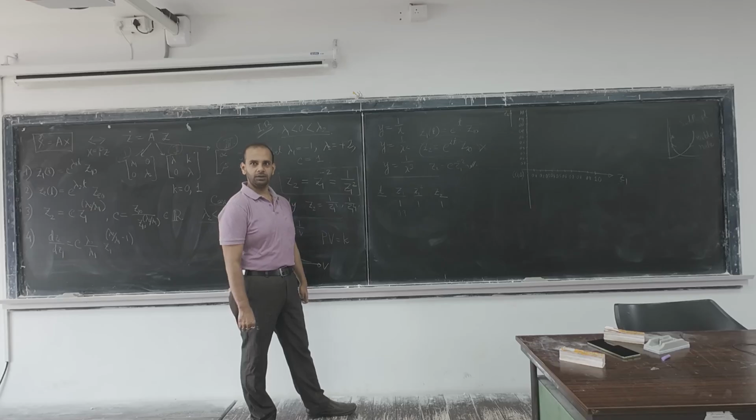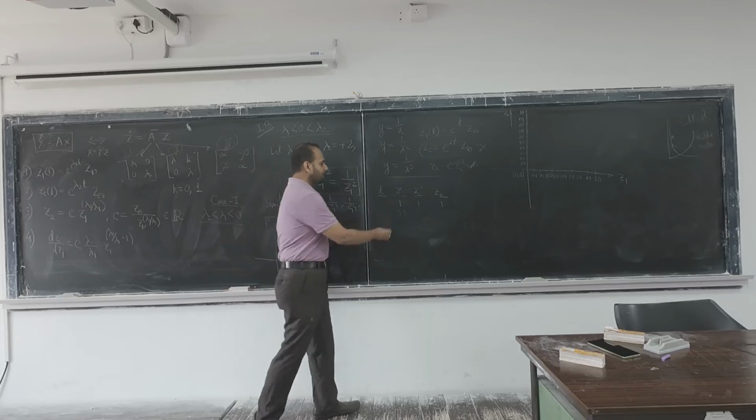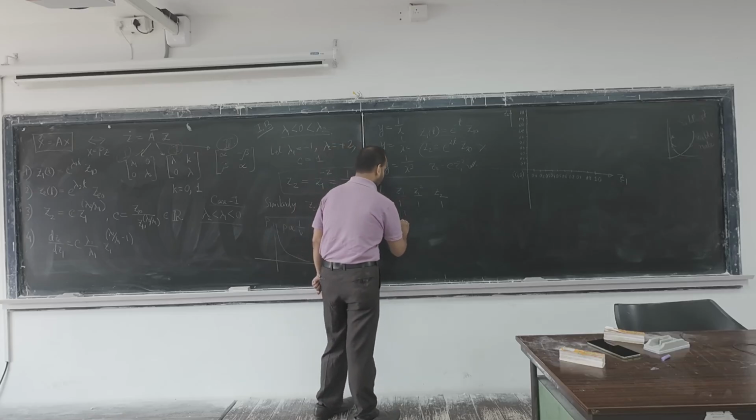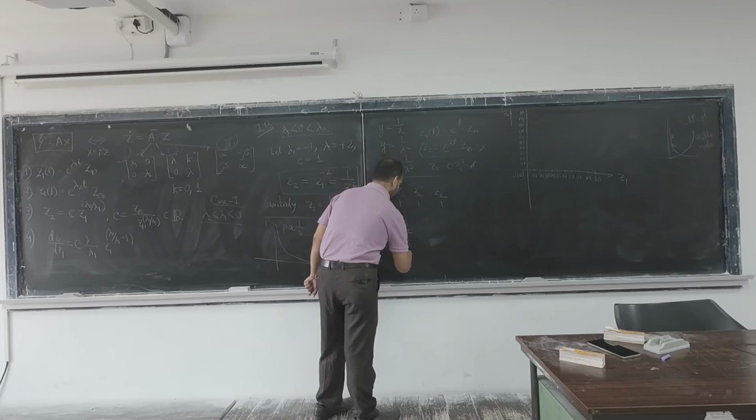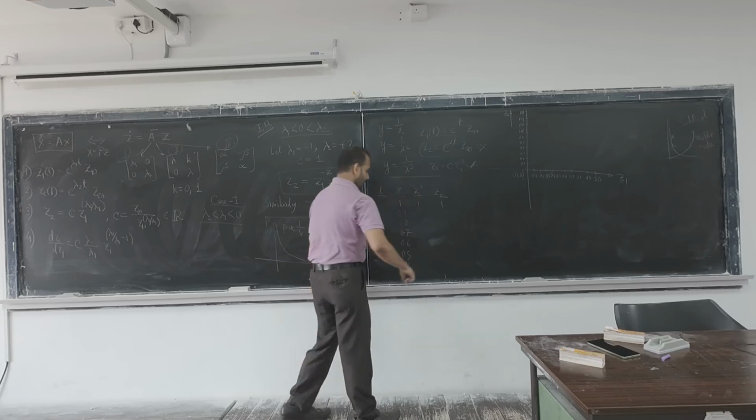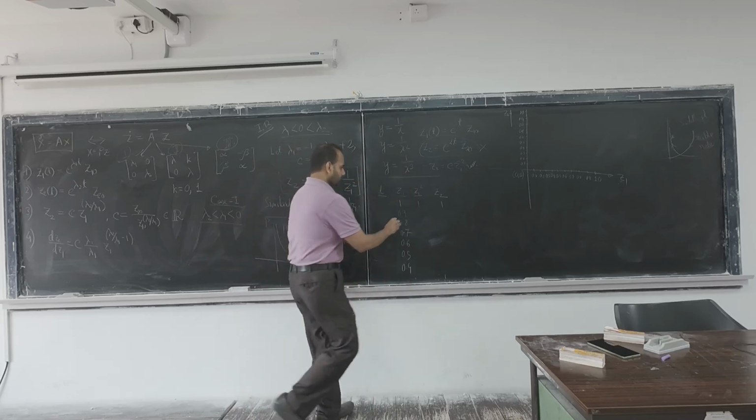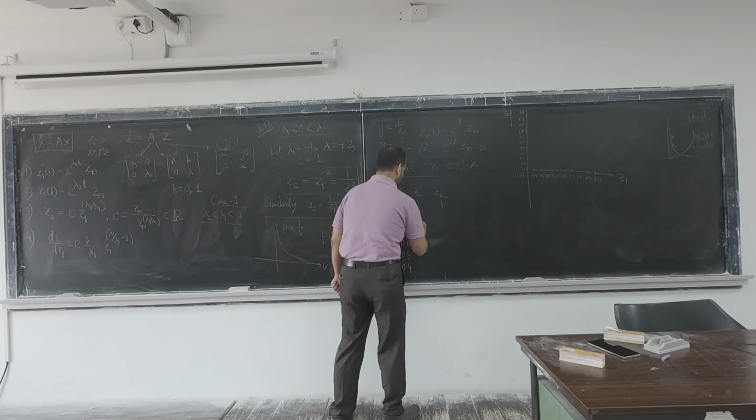If you consider that Z1 0 to be plus 1, then it is 1, 0.9, 0.8, 0.7, and then 0.81, 0.64.